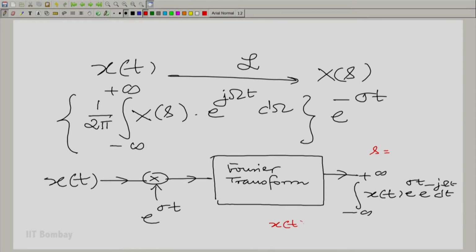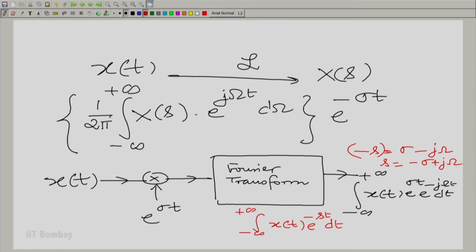If you wanted to take the Laplace transform, e raised to the power minus s t dt, this is what the Laplace transform would have been. So, minus s has the value sigma minus j omega. So, s has the value minus sigma plus j omega. This little observation should be made at this step.